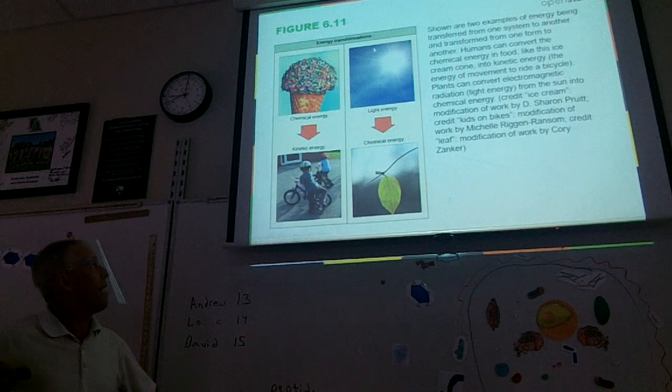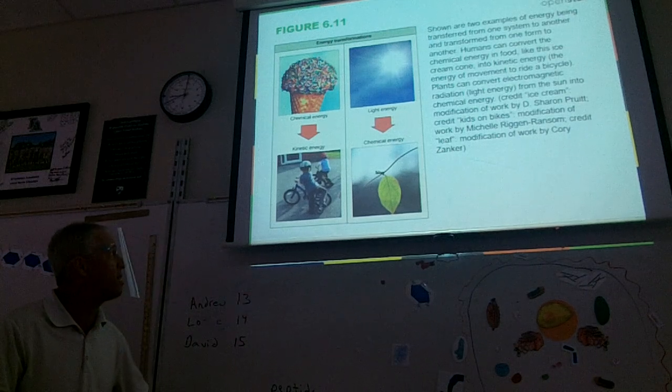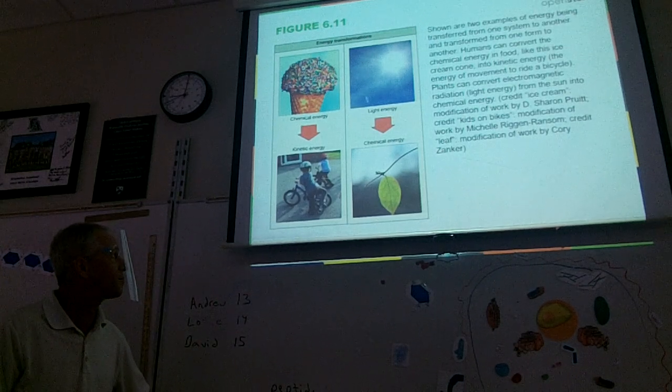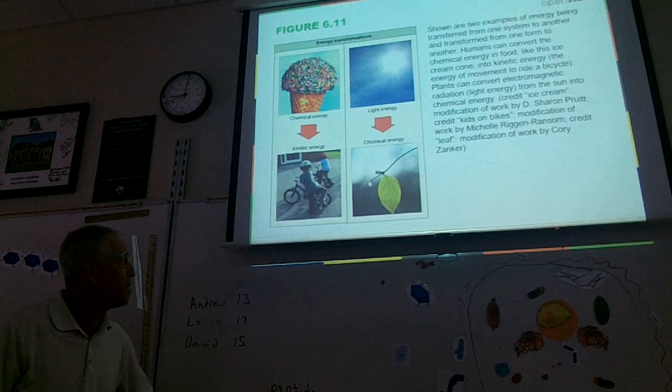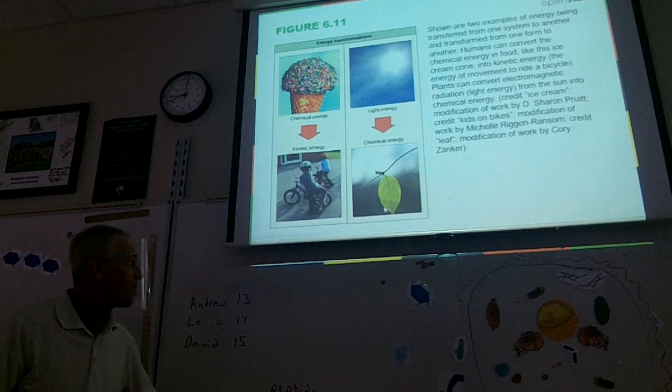Okay, so how does energy usually move through living organisms? It usually comes from the sun. It's usually converted into chemical energy and stored in plants.